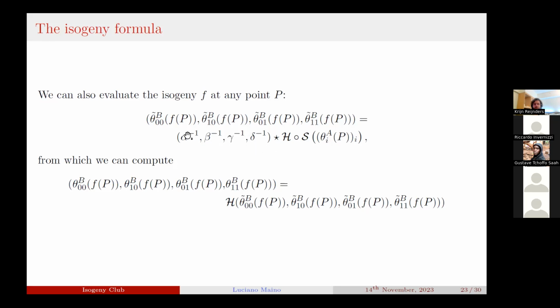This way we obtain the dual theta coordinates of F(P), and then again we apply the Hadamard transform and obtain the theta coordinates of F(P). This is basically the algorithm to compute the isogenies. As I said before, you just need the operators: the squaring, the Hadamard, and the star operator.